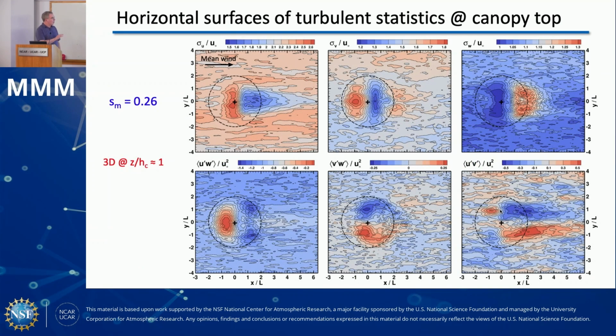But if you look at horizontal planes, and this is just the 3D steep hill, this is looking at the streamlined velocity standard deviation, lateral velocities, vertical velocities, and then the momentum fluxes that go with those. So enhanced sigma u on the front side, weak diminishing of sigma u on the lee side, sigma v, sigma w.